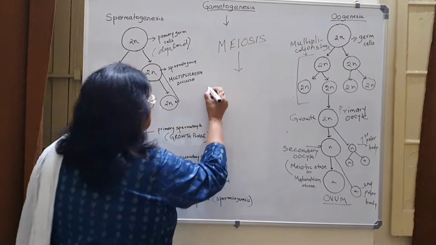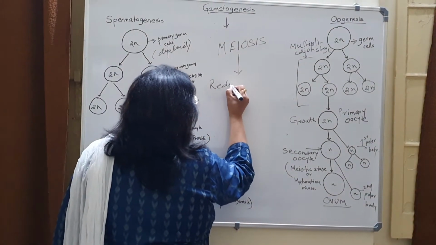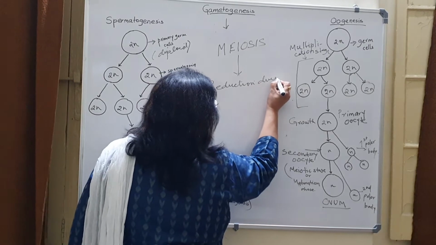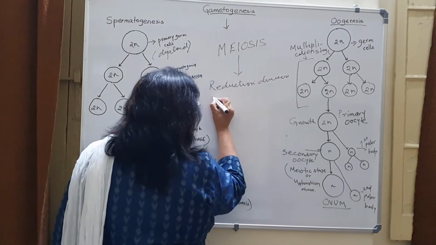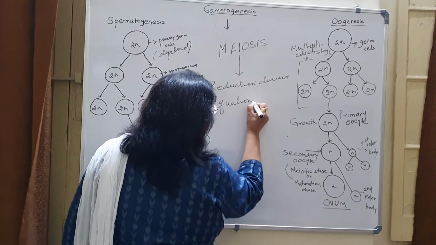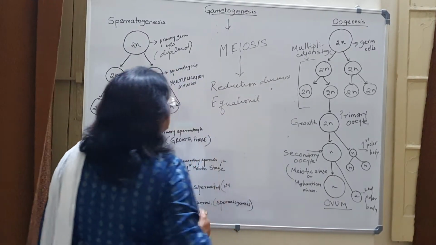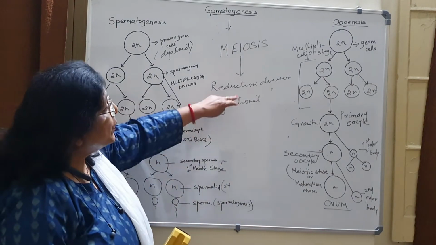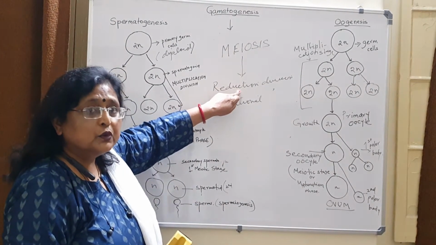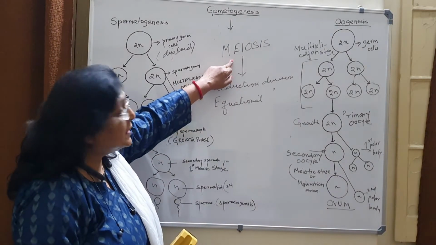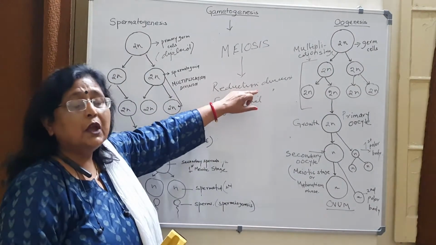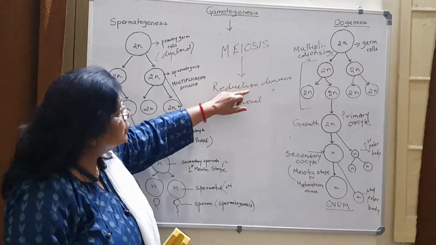The first is the reduction division, and the second is the equational division. As the word reduction means, the number of chromosomes is reduced to half.